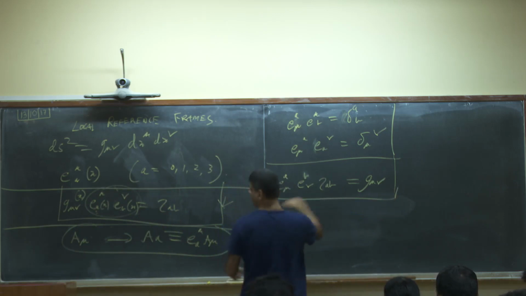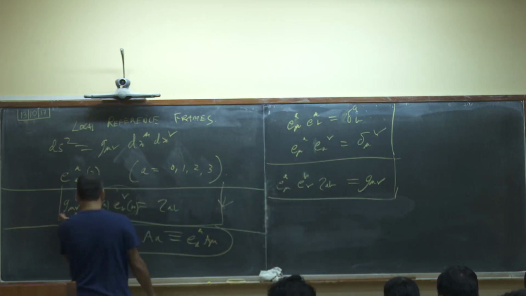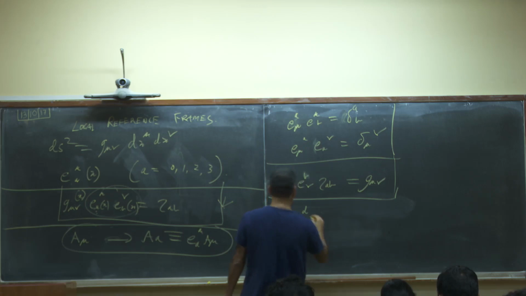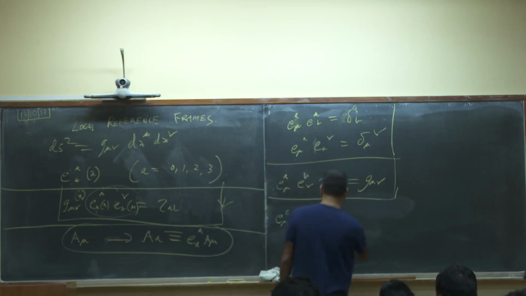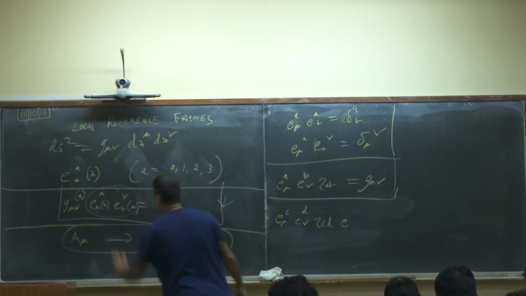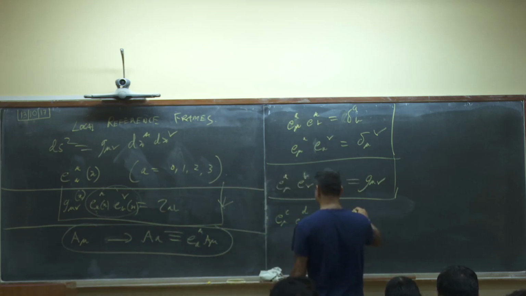We have E mu C, E D nu, eta CD, times E A mu, E B nu.